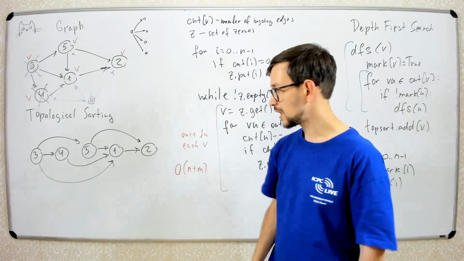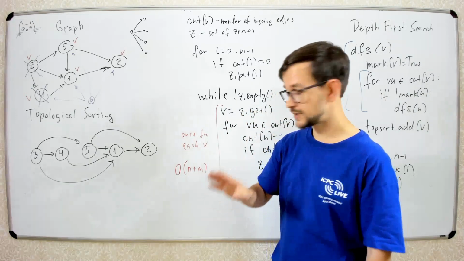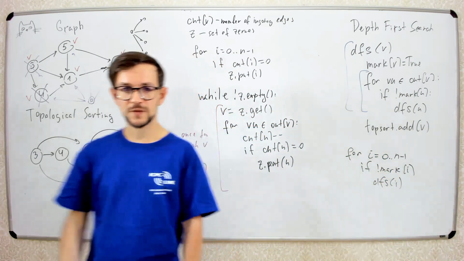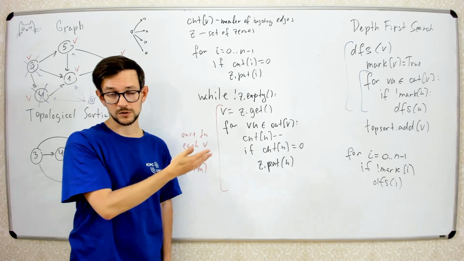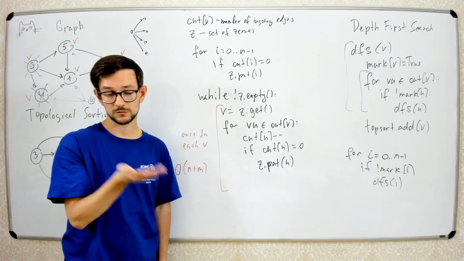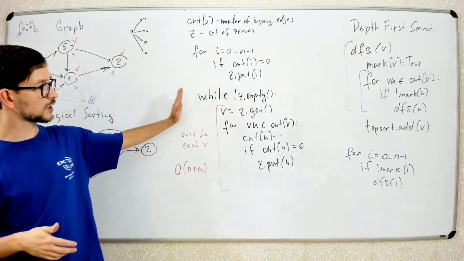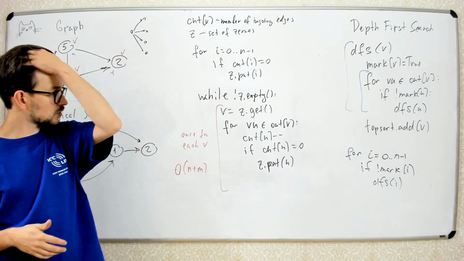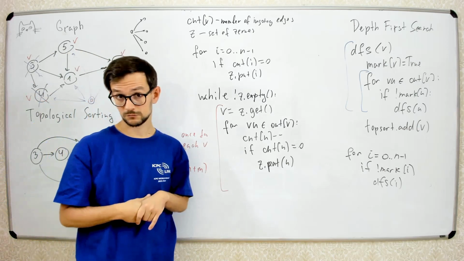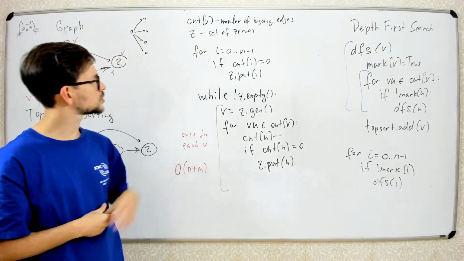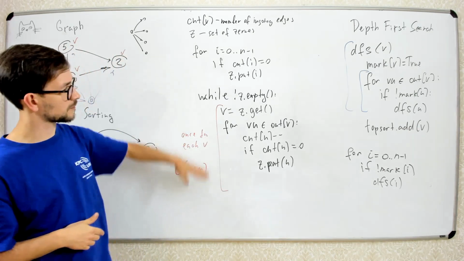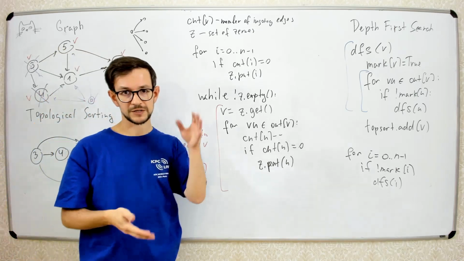Two ways. First way is very simple. You may just run one of these algorithms and see if it works. So, for example, for this algorithm, what will happen if your graph contains any cycles?